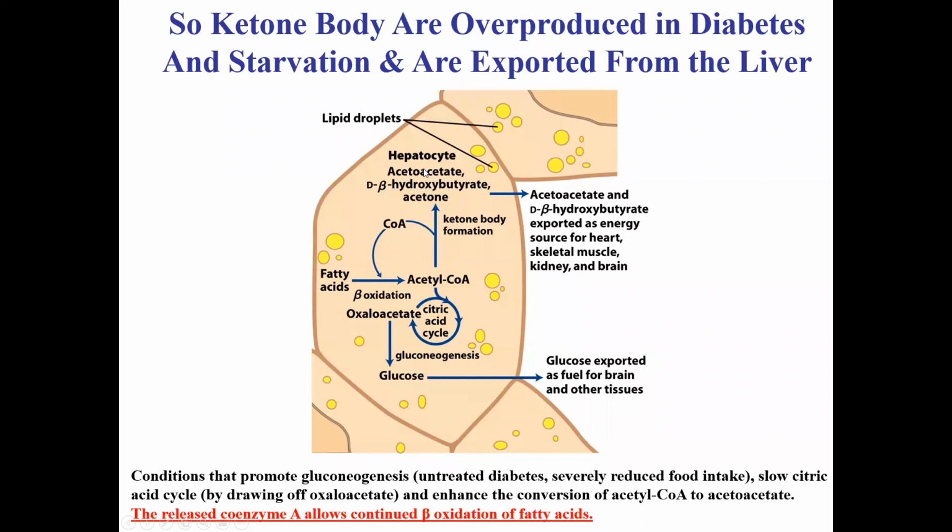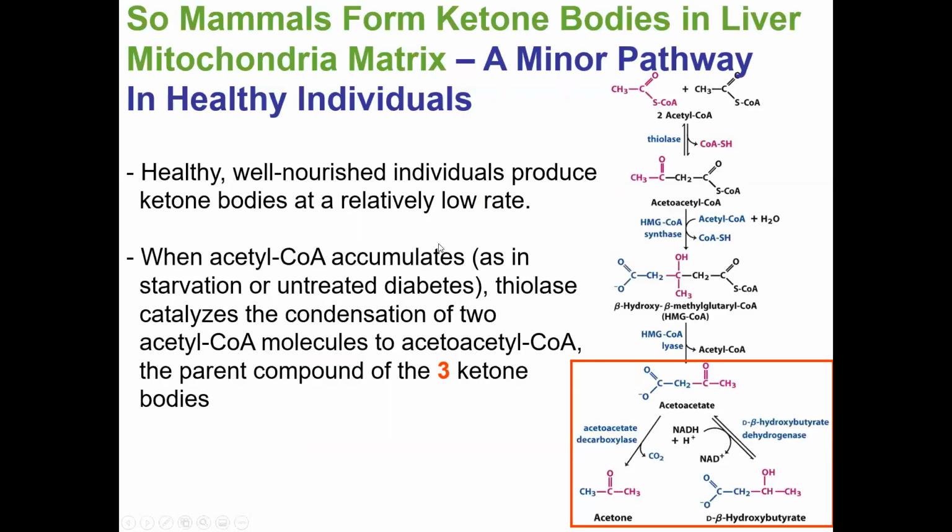And so once these ketone bodies form, you see that you will also generate coenzyme A. Interesting. Why do you need coenzyme A? You need coenzyme A, remember? You need coenzyme A so you can actually oxidize fatty acid into acetyl coenzyme A, right? You need coenzyme A for your beta oxidation. So that's a good thing. When you are forming ketone bodies, as you will see in this reaction, you see coenzyme A, one in pink and one in blue.